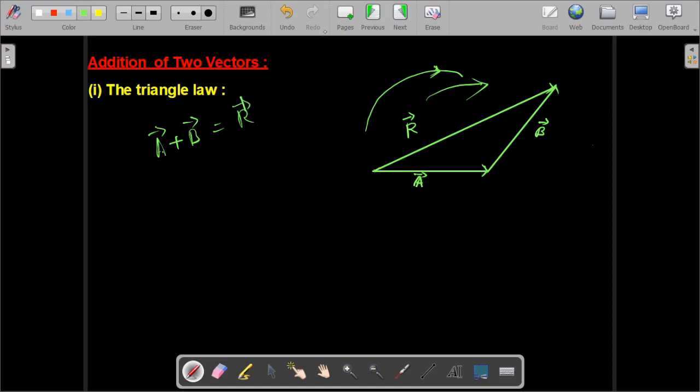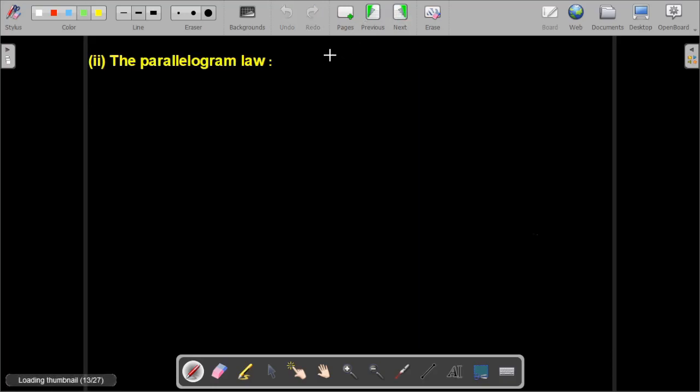Now in the parallelogram law, we will simply get the value of the resultant vector, and it will not be denoted in the form of a vector. Okay.